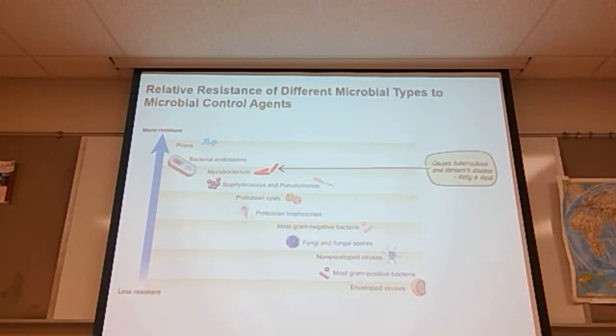Bacterial endospores, again, that's going to be your most resistant form of bacteria. Again, we'll talk about prions later. We talked about them some already. These are infectious proteins. Mycobacterium, cause of tuberculosis and Hansen's disease. Then we have the staph and the Pseudomonas organisms.